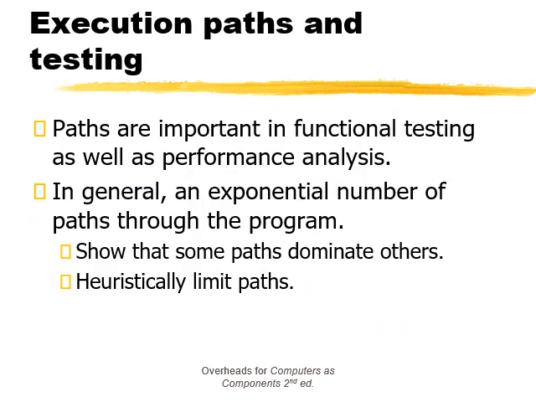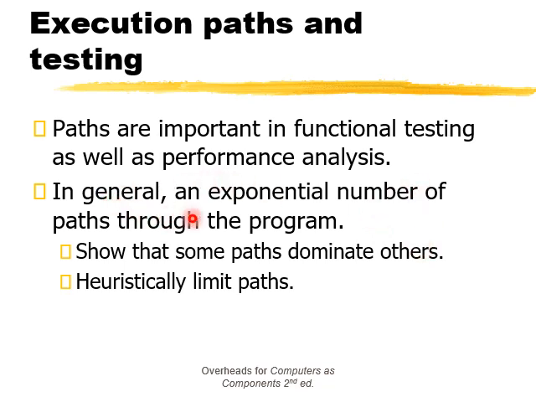Execution path and testing. As we have discussed in clear box testing, we need to know what path we are taking and what data we are getting along the paths. So paths are important in functional testing as well as in performance analysis. Most of the time for path analysis we make a CDFG, control data flow graph, to see what paths we are following, how many operations we are following along that path, and what the values are.